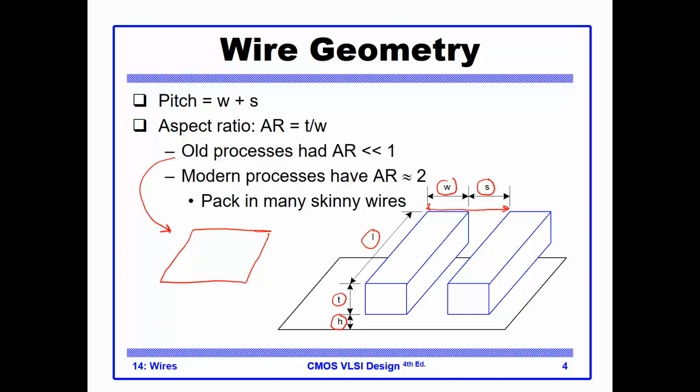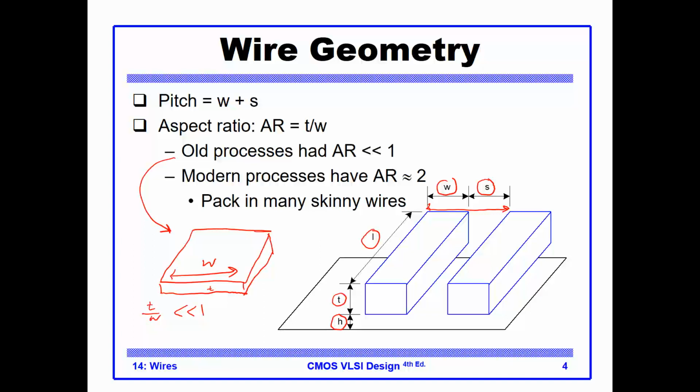So this is the width compared to the thickness of the wire. So this is old processes. You can see that this T over W is much smaller than 1.